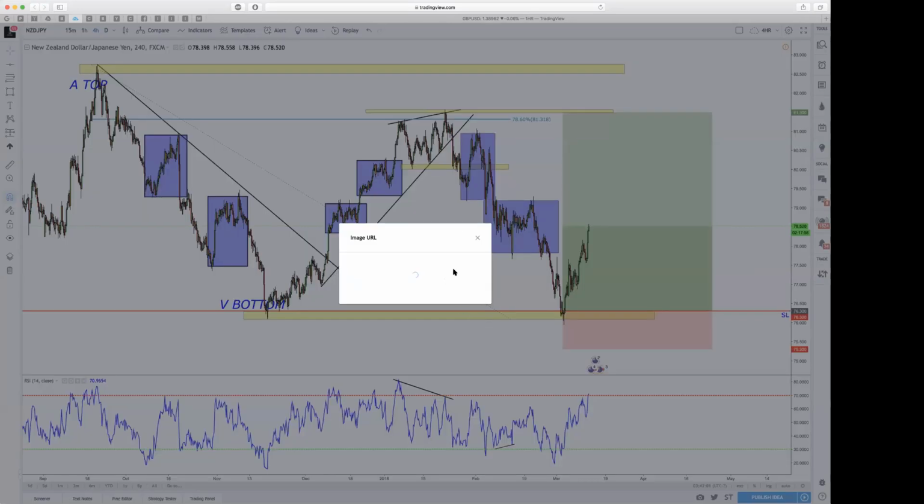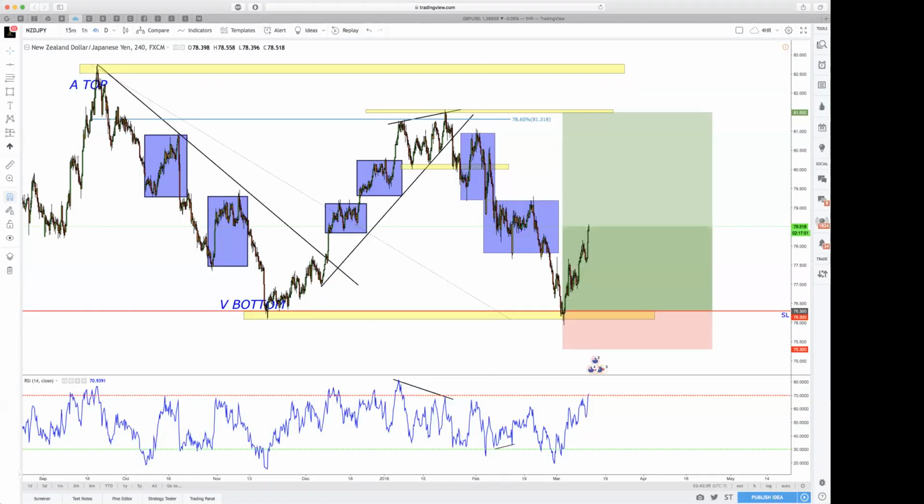Update everybody real quick, and we're gonna be good. All right, wait, signals. All right, NZD JPY, move stop loss to break even at 76,300. And done.